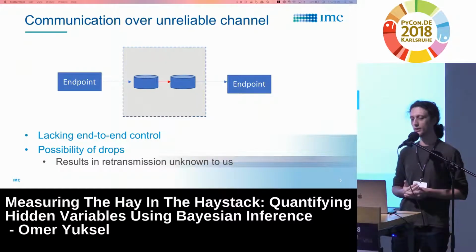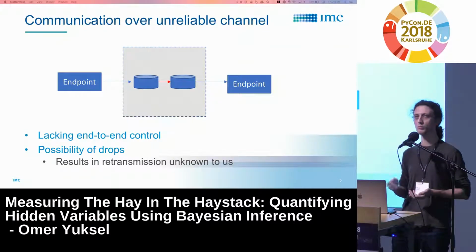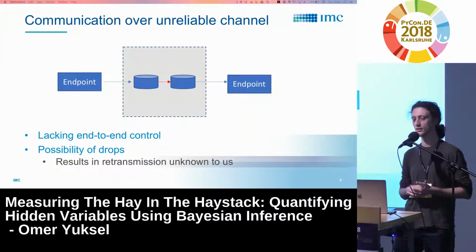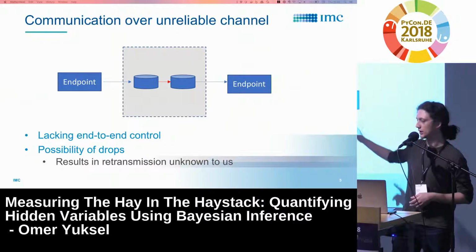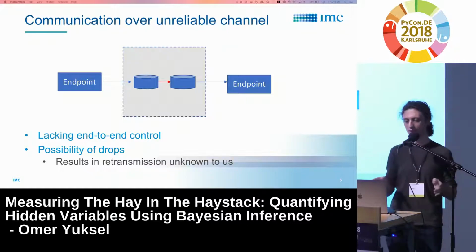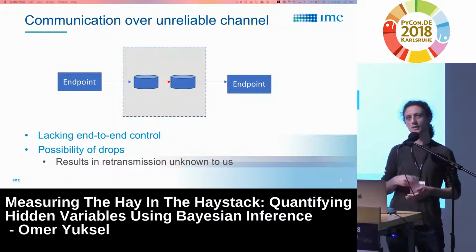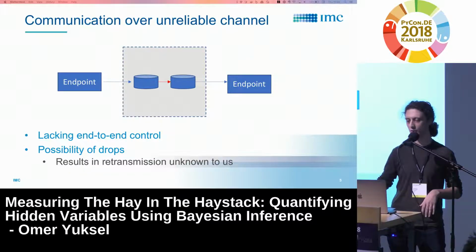And we know that in this part that we don't have control over, our messages, the packets, can get dropped. And when that happens, in between these two nodes in the hidden part, they get retransmitted until success. And we don't know when a packet gets dropped. We only know the latency from point A to point B.